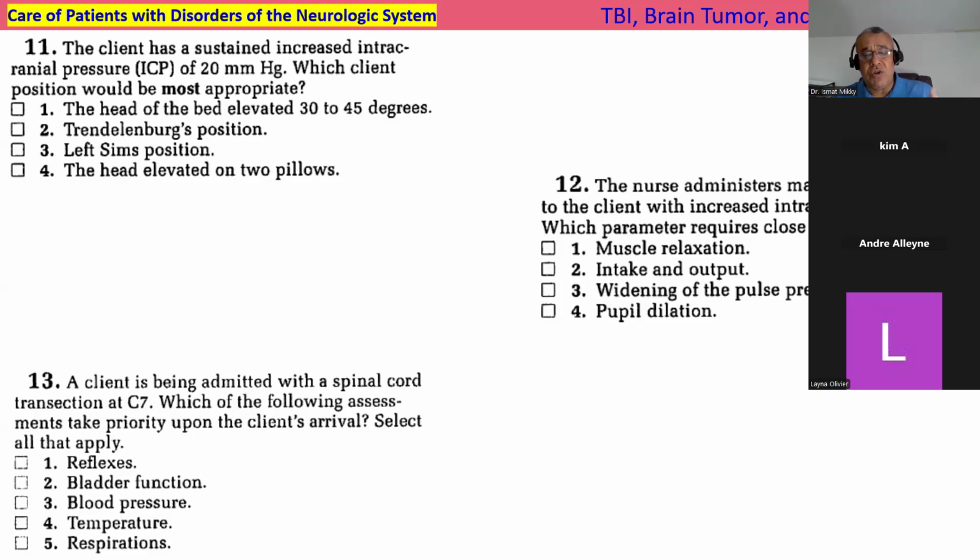So you will treat the client immediately to manage hypotension and hypothermia. You also will ensure that there is an adequate airway and respirations. Number 14.